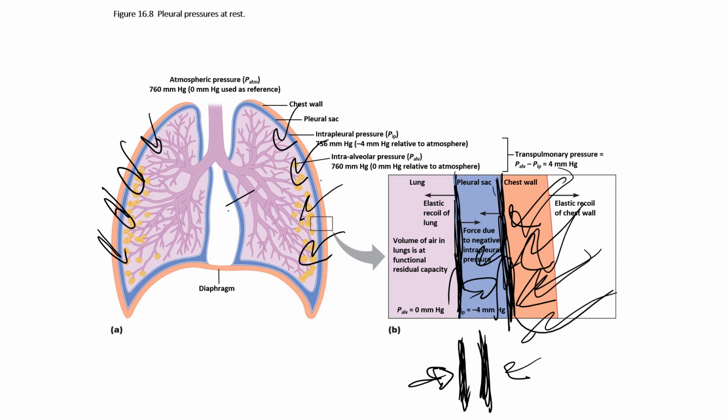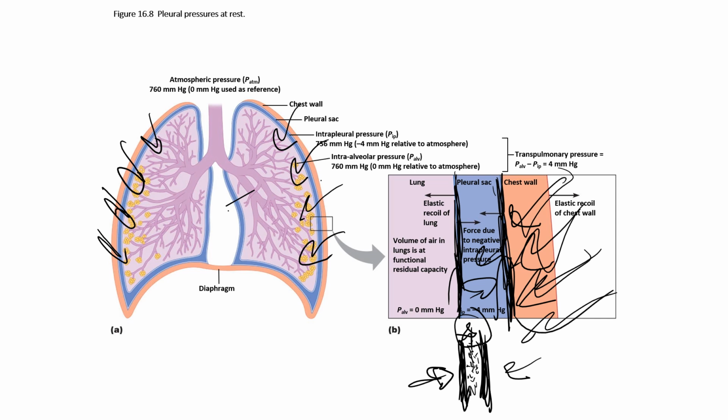And what's that going to do to intrapleural pressure? The pressure, air pressure, which is actually fluid, but the air pressure within the pleural cavity. If you decrease the volume of the pleural cavity, then the gas molecules, which is really water, are going to be more tightly compacted, and intrapleural pressure will rise.